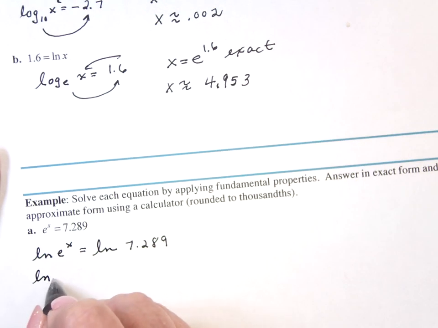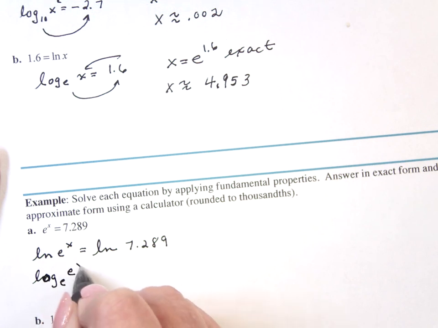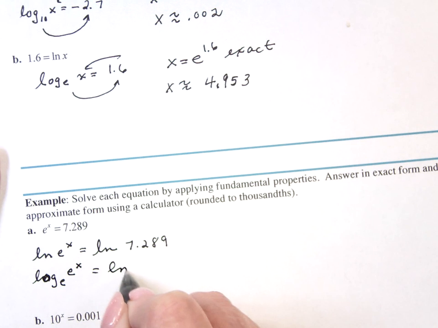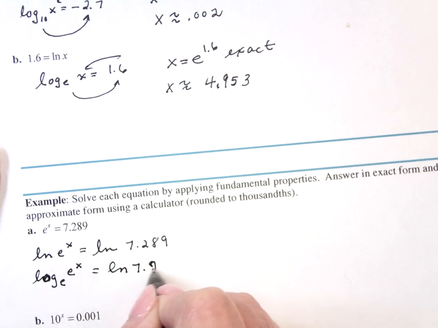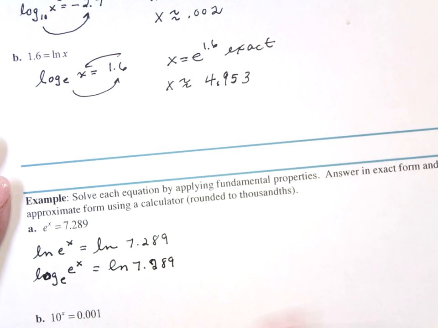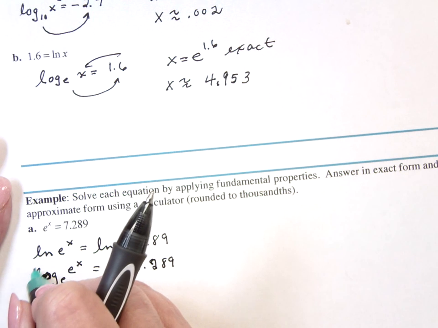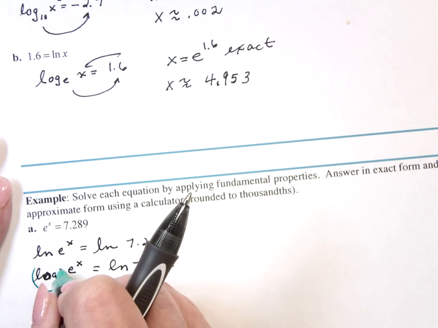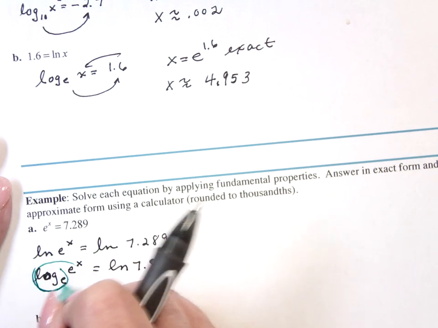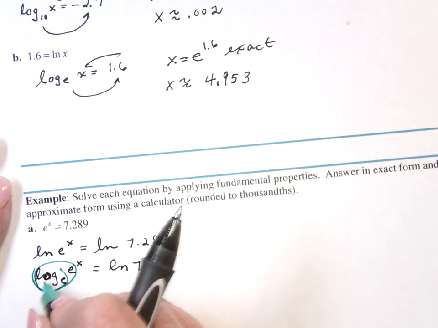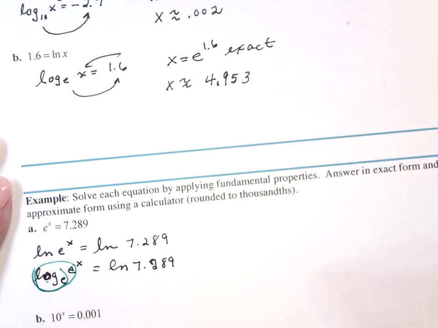Natural log is log base e, and this is e to the x, is the natural log of 7.289. The fundamental property of logarithms says that log base e of e, these two things cancel each other out, and what you're left with is just x.